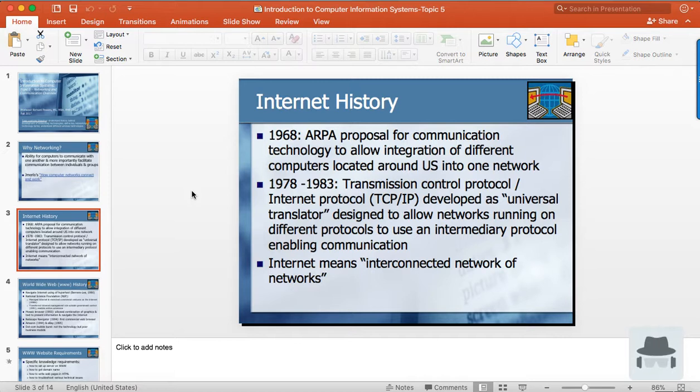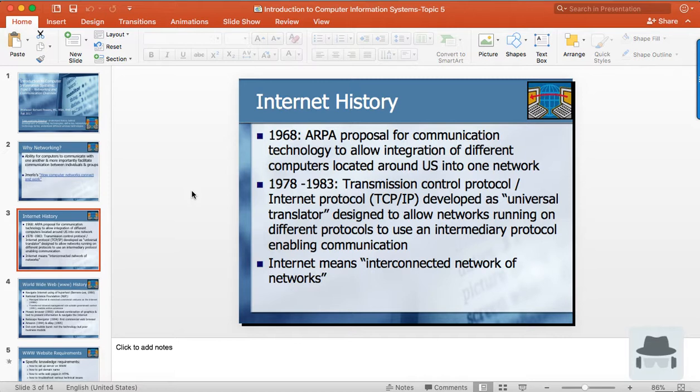It was a combination of defense projects along with research and development from academic institutions that were the big drivers behind this. The original idea was to create a resilient communication system so that if one side of the country was destroyed in a nuclear attack, you'd still have the other half of the country that could still operate. So it was a product of the Cold War to some degree.